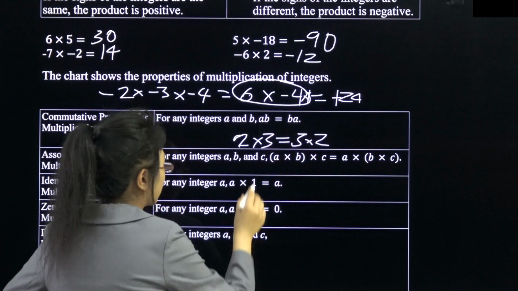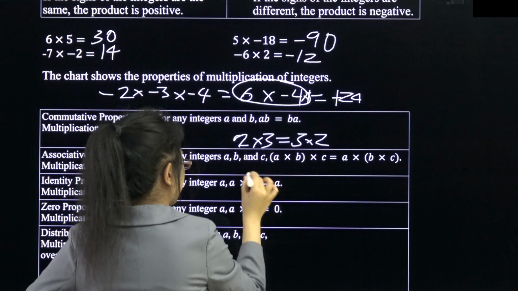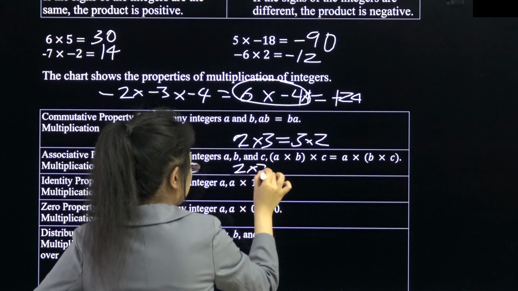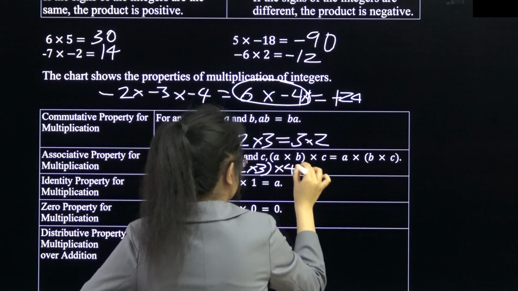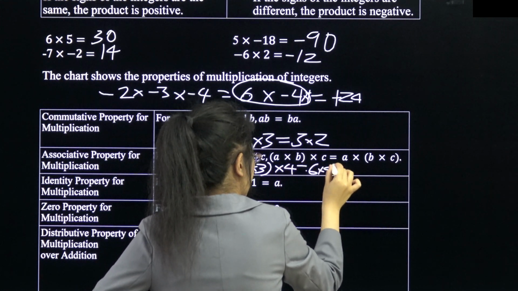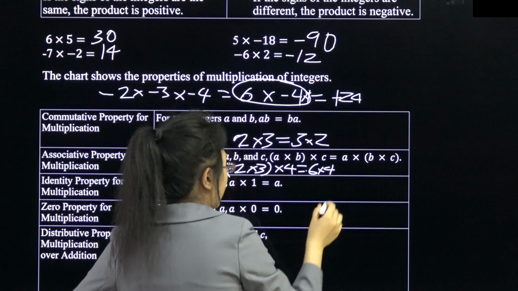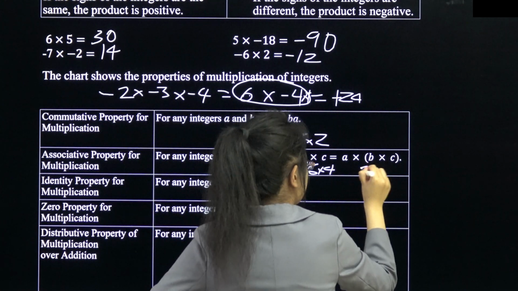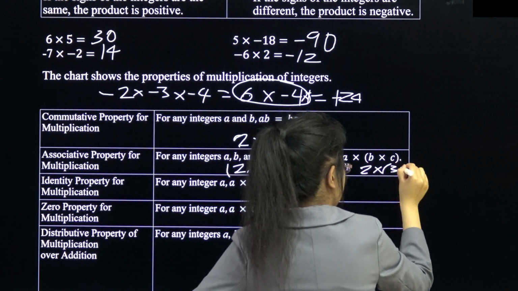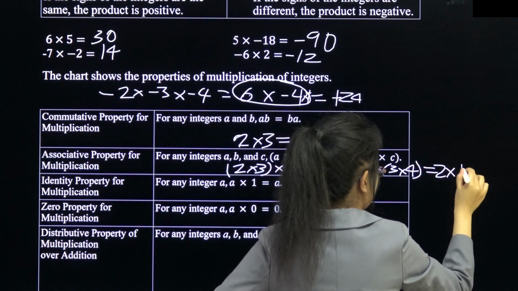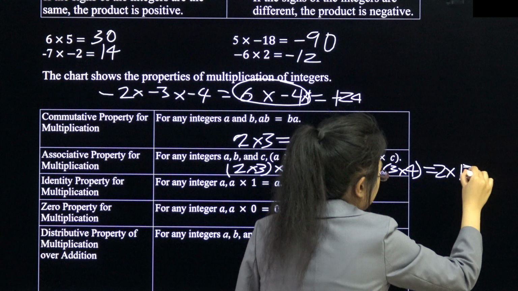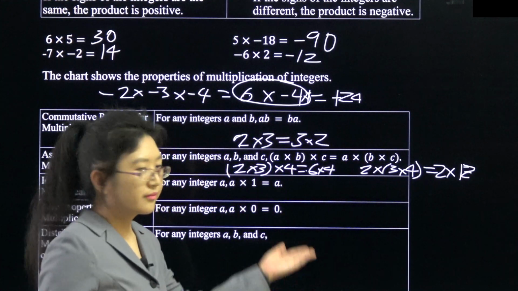They're both equal to 6. For this one, it'd be something like 2 times 3 in brackets times 4 is equal to 6 times 4, which is 24. And that would be equal to 2 times 3 times 4 in brackets, which would be 2 times 12, which is also 24.